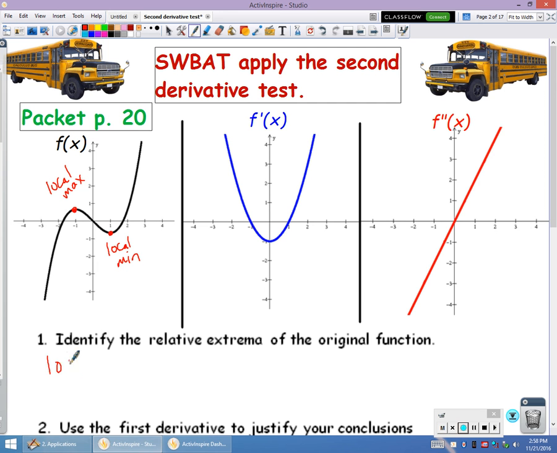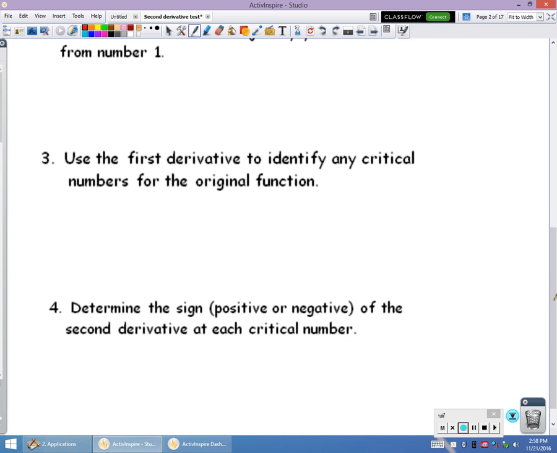So let's write that down. Local max at x equal to -1. And the local maximum is f of -1, because remember, the y value is actually the maximum value.